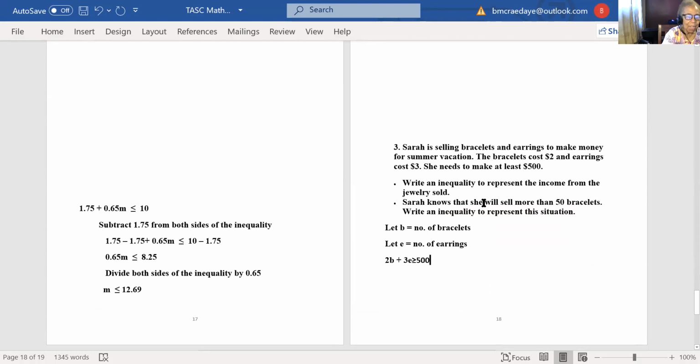Now, if she will sell more than 50 bracelets, Sarah knows that she will sell more than 50 bracelets. What would that inequality look like?